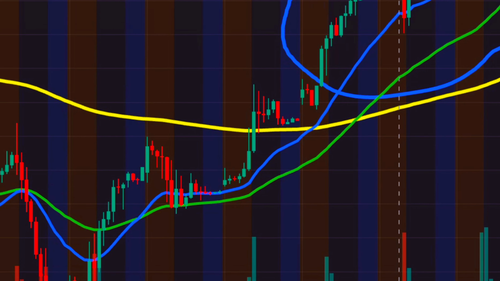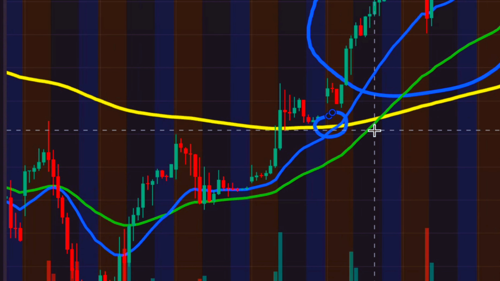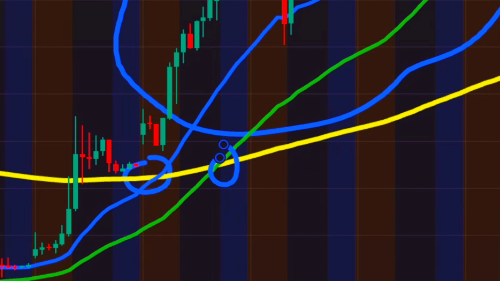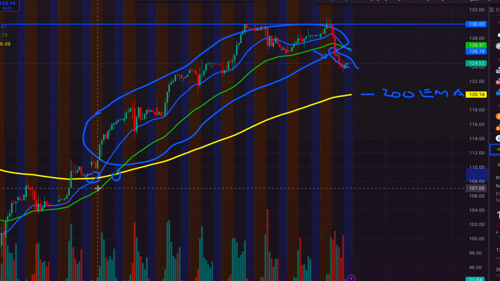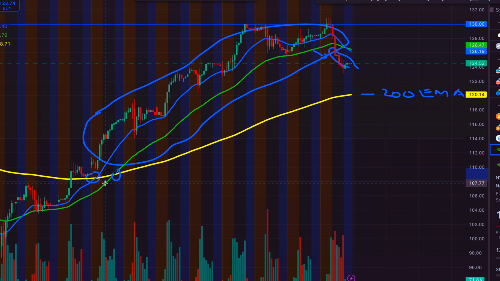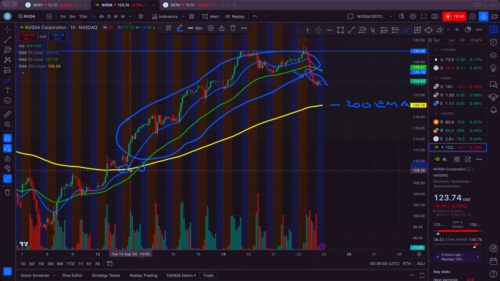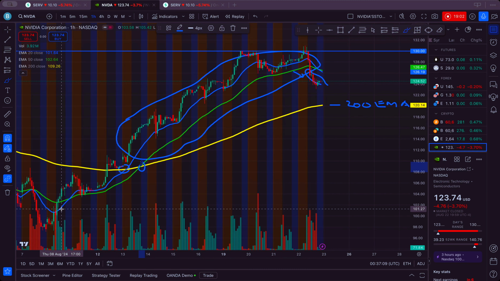Sometimes, for example, in this case over here, they cross over, and they also cross over here. See? So when one EMA crosses above or below another, it signals potential changes in market direction. That's what it does. For example, the 20 EMA is the blue one over here.